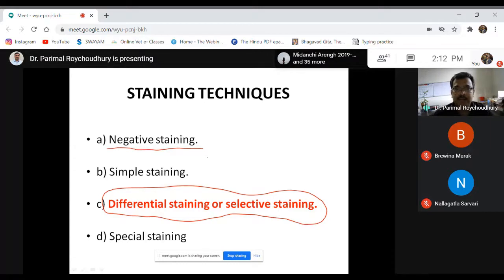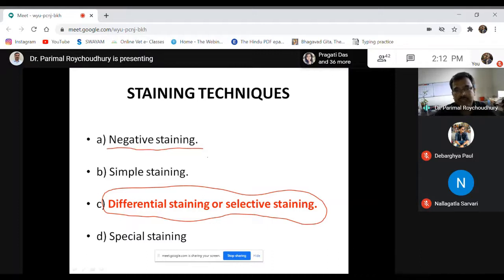Then simple staining. If you are handling known organisms, all the time there is no need to go for differential staining. Simple staining is a short-duration, one-step staining process. Just put one color, they will take whatever color you put, and we can see the organism under the microscope.